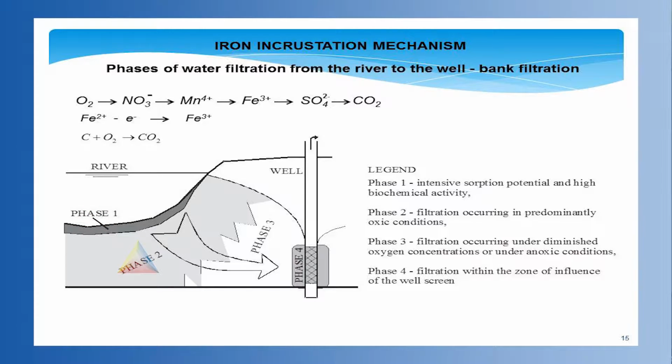Phase 2, filtration or curing in predominantly oxic condition. Phase 3, filtration or curing under diminished oxygen concentration or under anoxic condition. And phase 4, filtration under the influence of contact with the well screen.